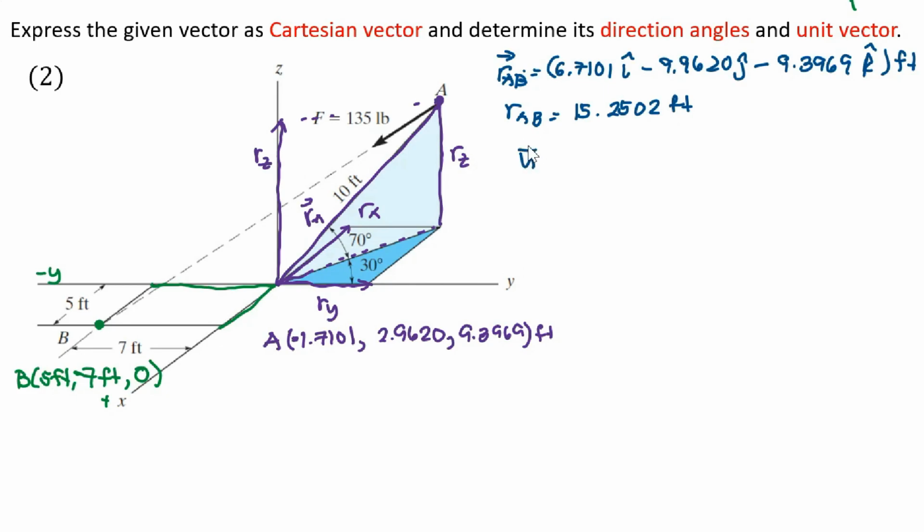Now for the unit vector, we will get 4 decimals for the unit vector since this is not yet the final answer.